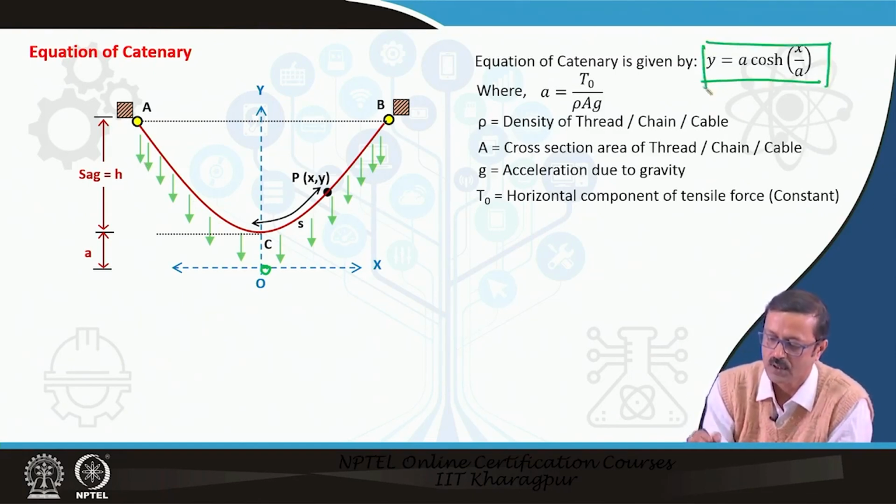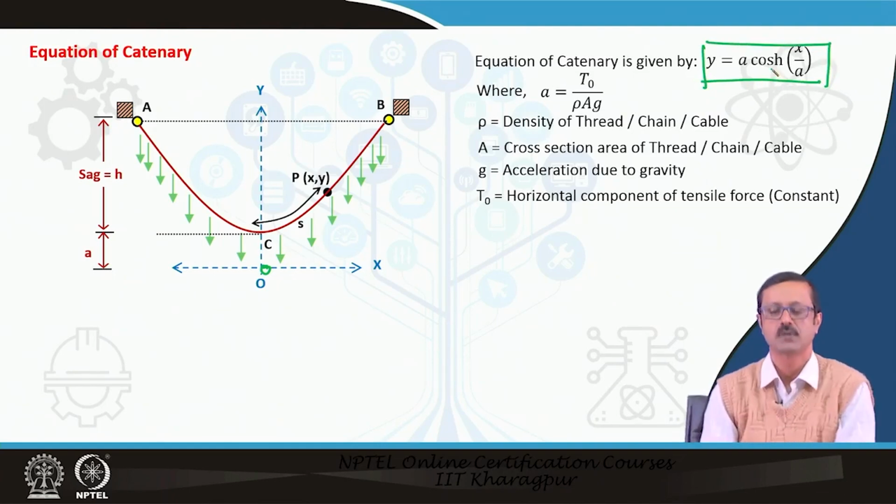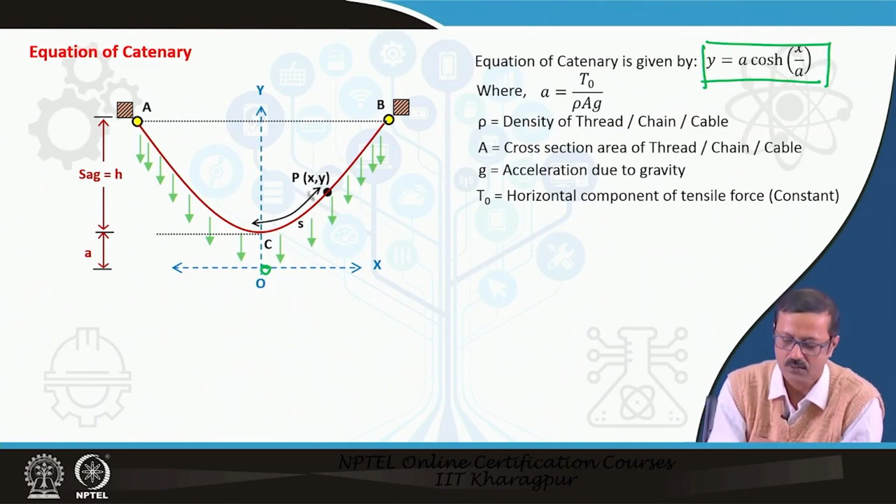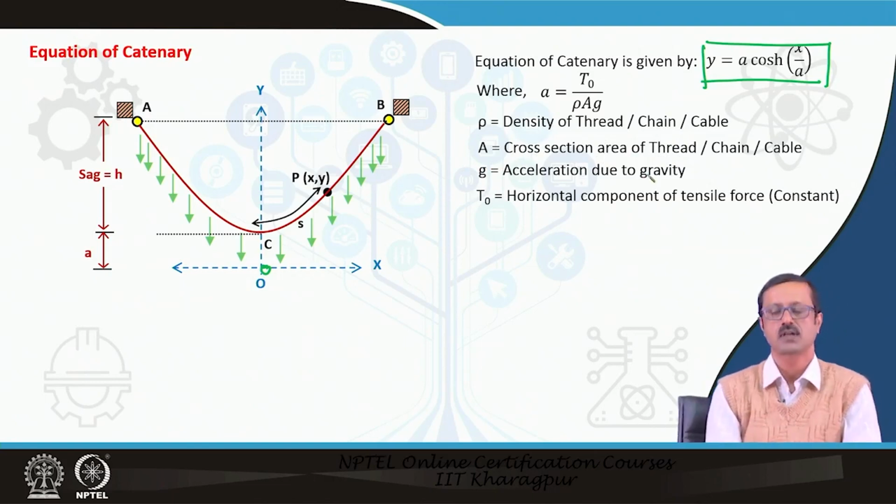This is the equation where y equals a cosh, the hyperbolic cos, of x by a, where x and y are these coordinates, and a is given as T naught by rho A g. Rho is the density of the chain or thread or cable, A is the cross section of the cable, and g is the acceleration due to gravity.